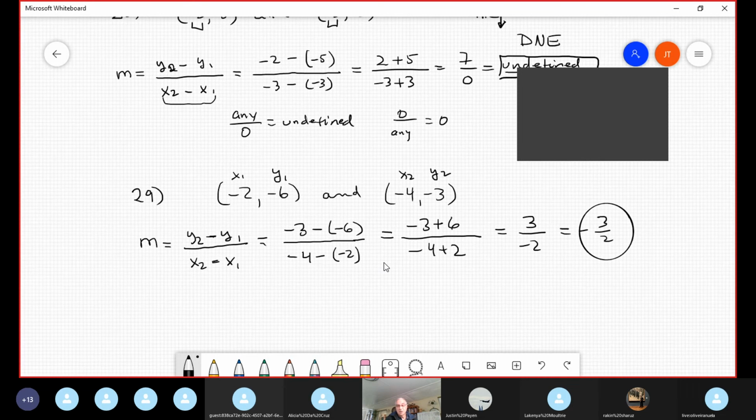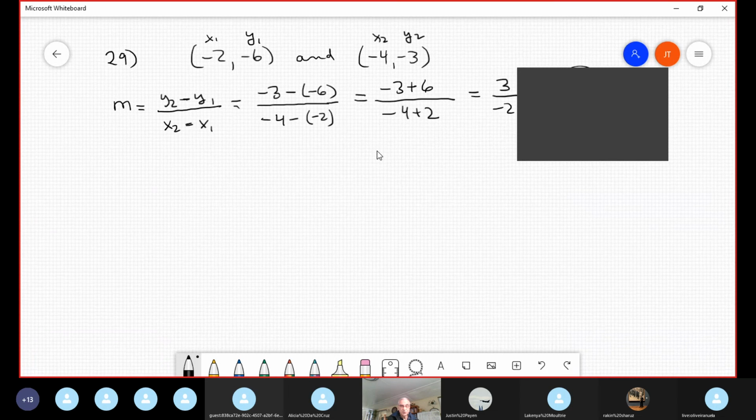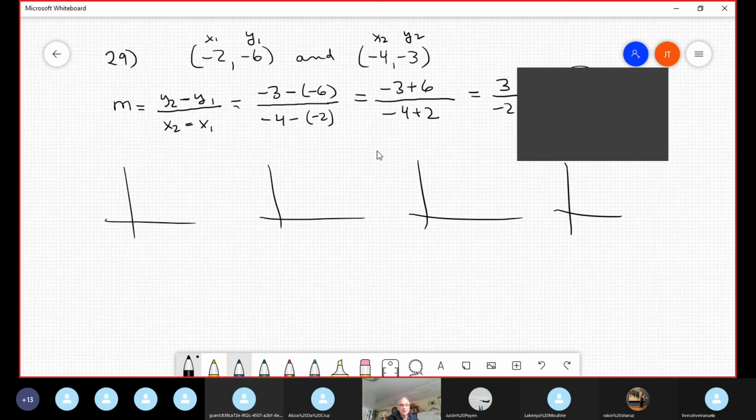In this case, remember the idea behind the slope: the slope is negative, so the line is going down. We have different situations. Look, 1, 2, 3, and 4. One line like that, the slope is positive.